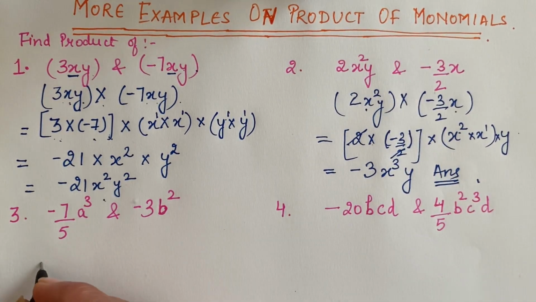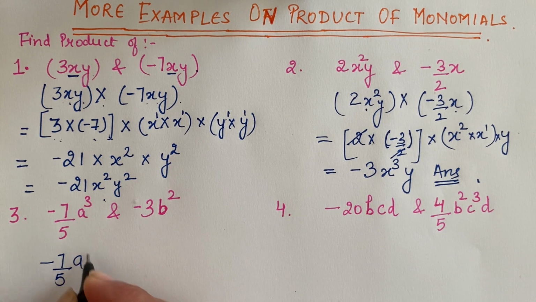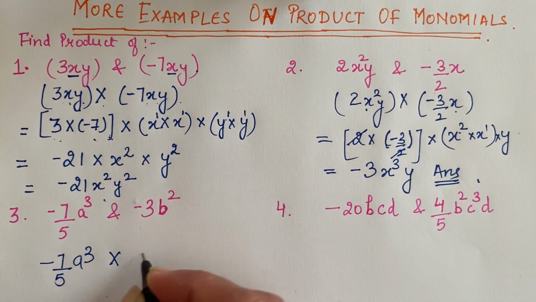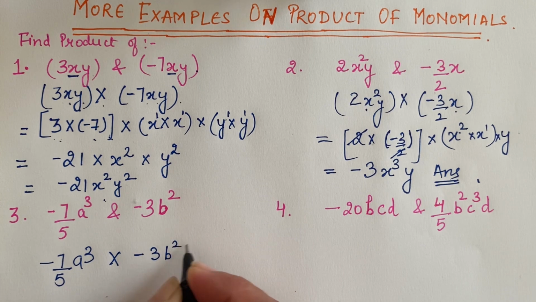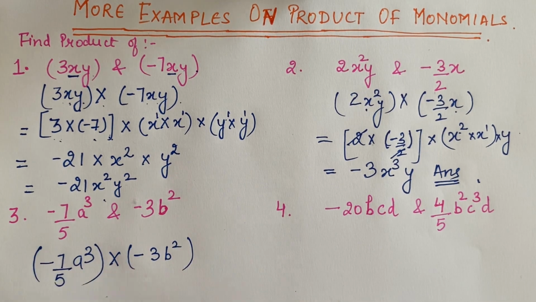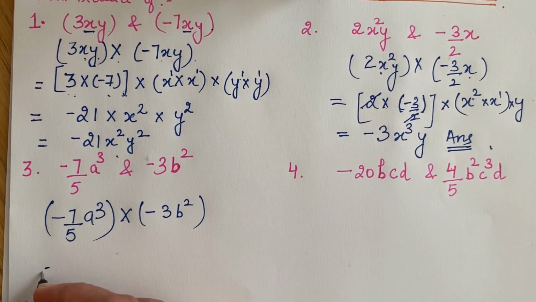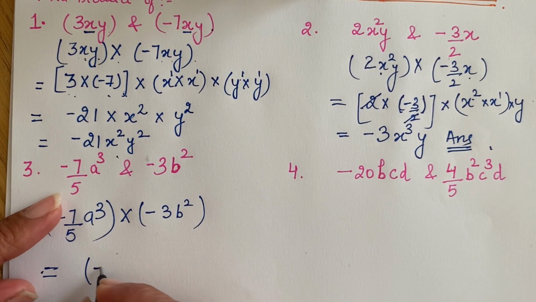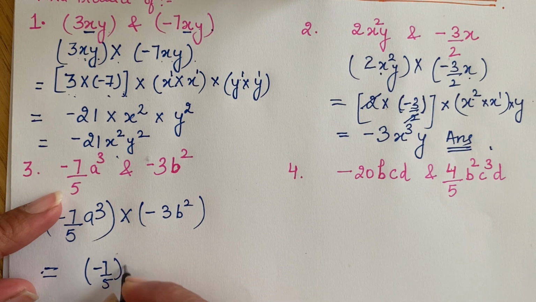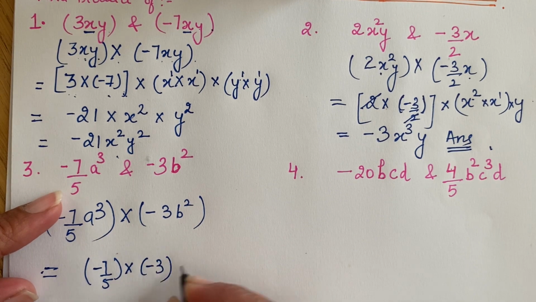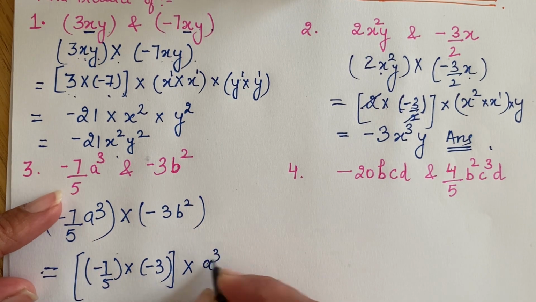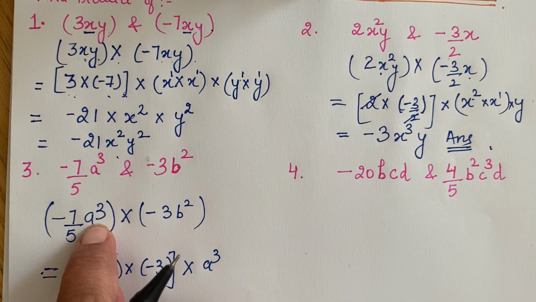Next, minus 7 by 5 a raised to the power 3 will be multiplied with minus 3 b raised to the power 2. Right? So I'll be writing my coefficients. Minus 7 by 5 multiplied by minus 3 into a raised to the power 3. Here you can say a is the variable.